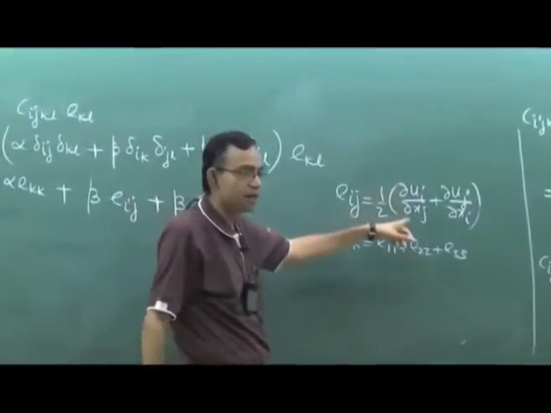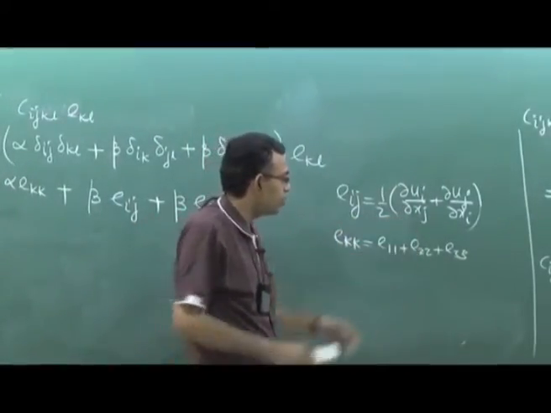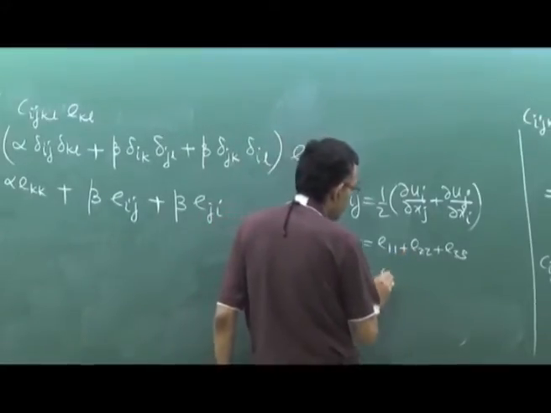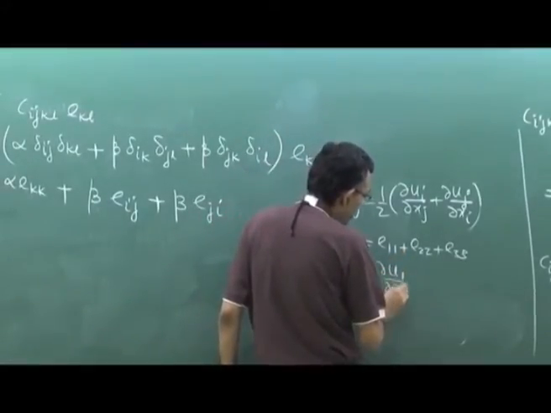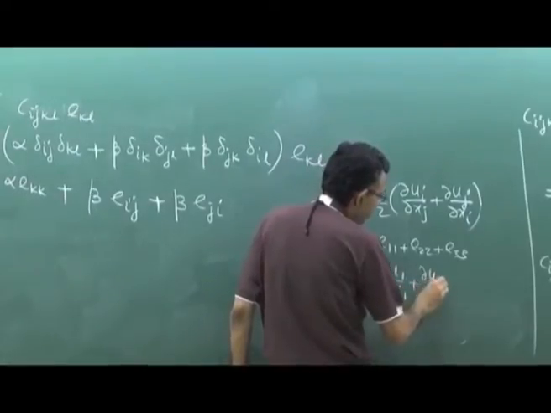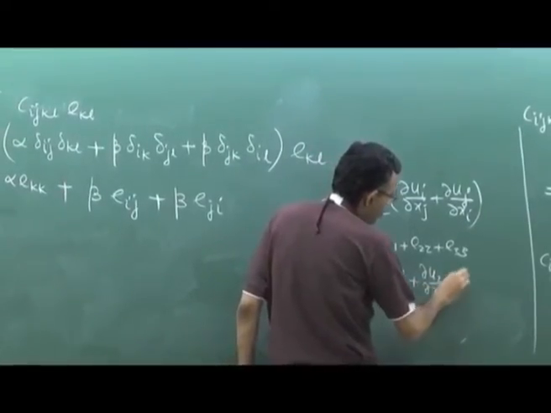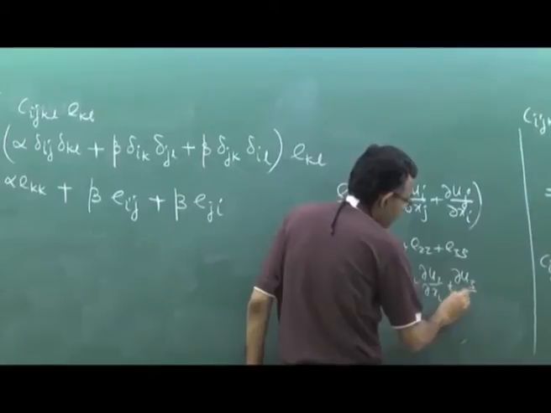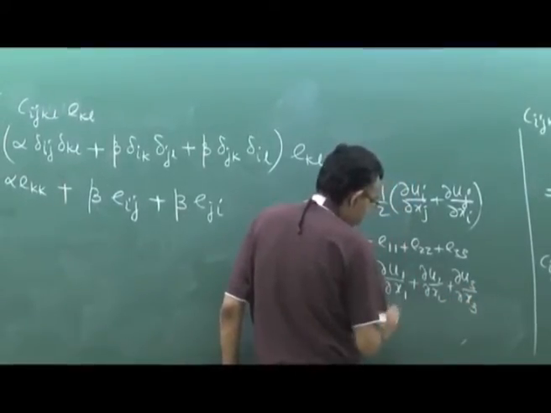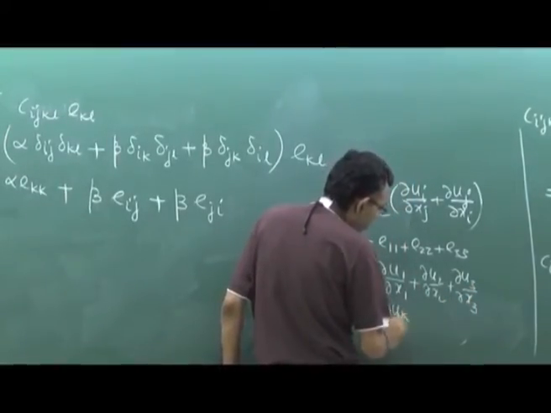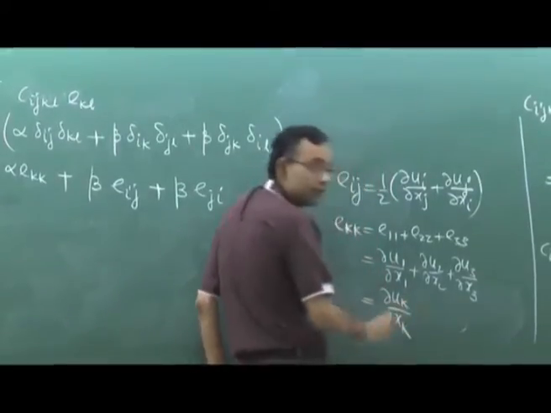E11 is del U1 del x1, E22 is del U2 del x2, and E33 is del U3 del x3. So del U1 del x1 plus del U2 del x2 plus del U3 del x3. This in short form we can write as del uk del xk, right?